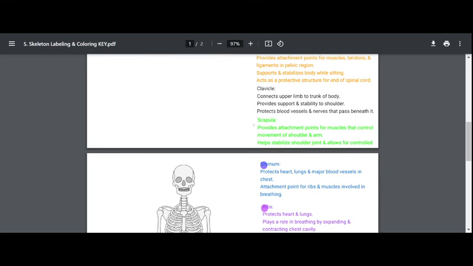So the scapula is in green and provides attachment points for muscles that control movement of shoulder and arm, helps stabilize shoulder joint, and allows for controlled movement.